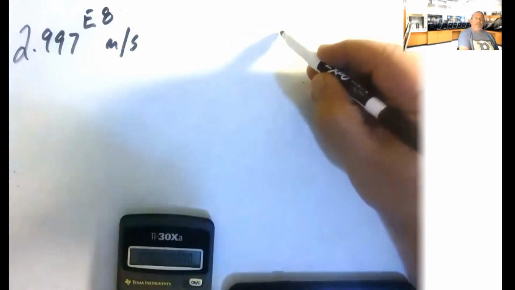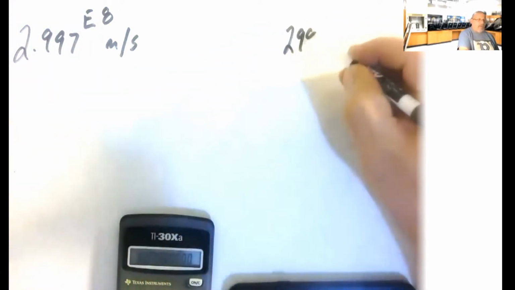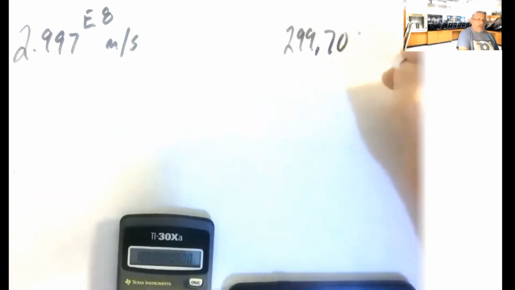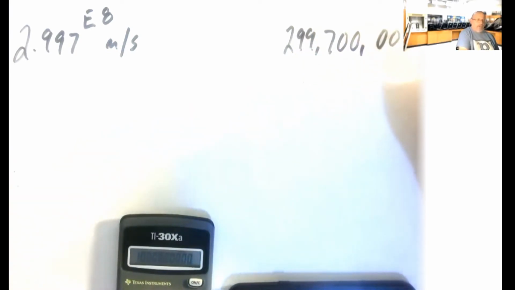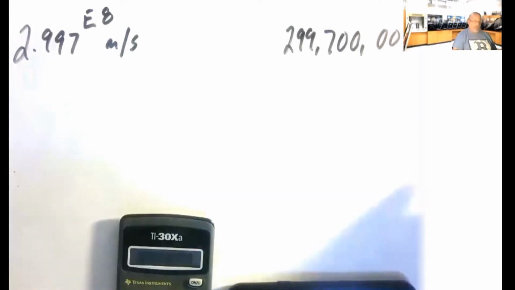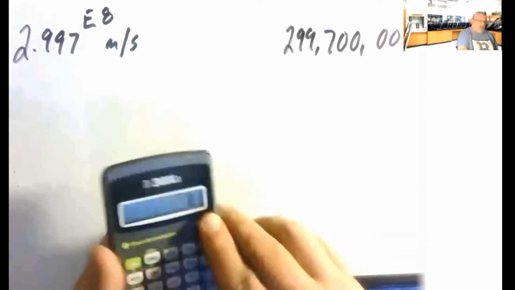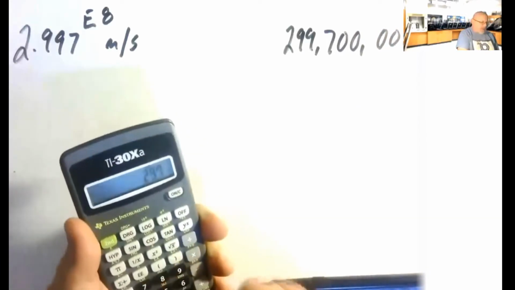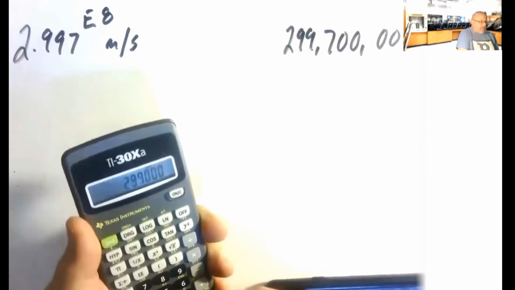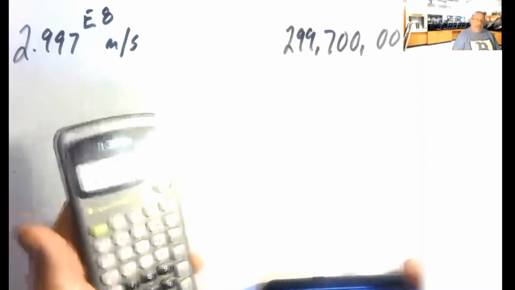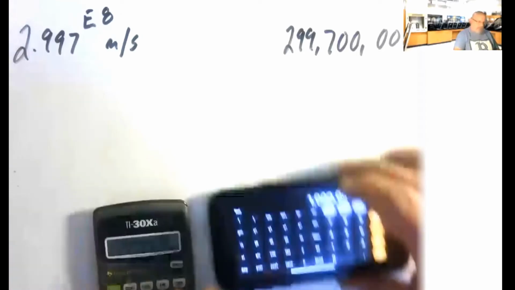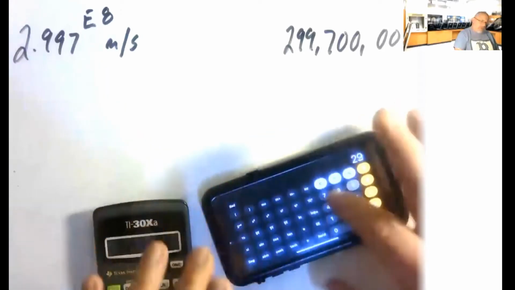Of course, if you're absolutely determined to, because you just don't like to give up the way you've gotten used to doing things, you could go to all this trouble: 299,700,000. And of course, you can put that number into a calculator with that many keystrokes, or the same thing here.